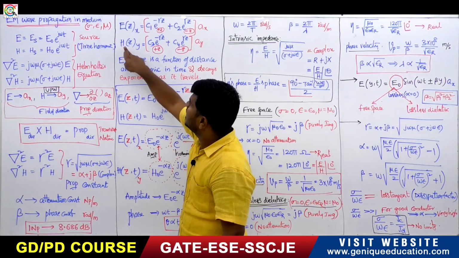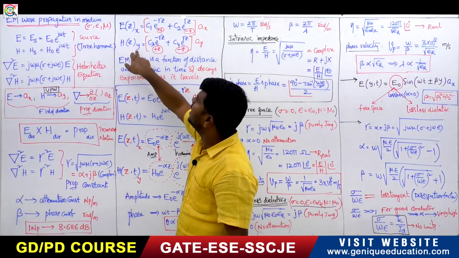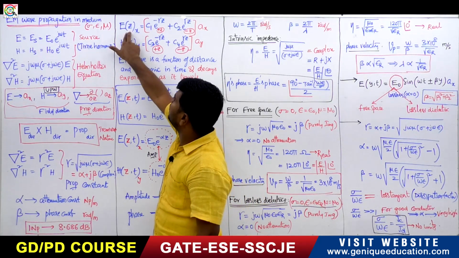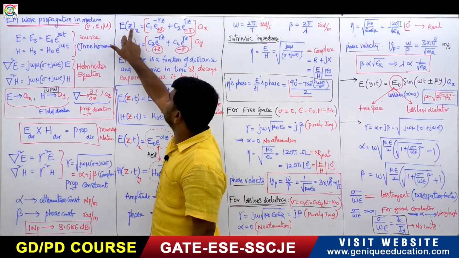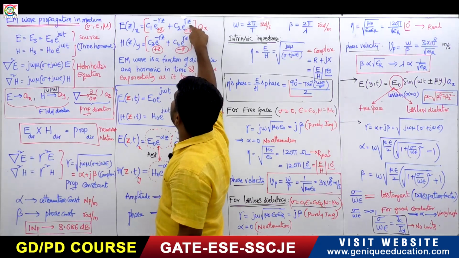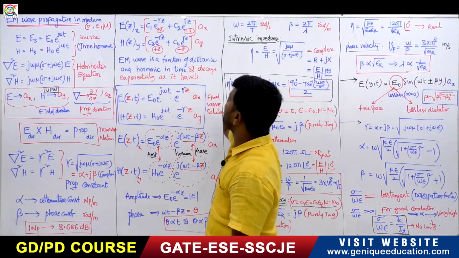The magnetic field is traveling in z and directed in y. What is the meaning of traveling? The electric field is a function of z, meaning e power minus gamma z, e power gamma z. It is a function of z.